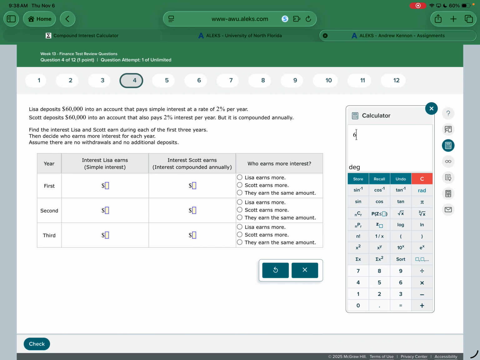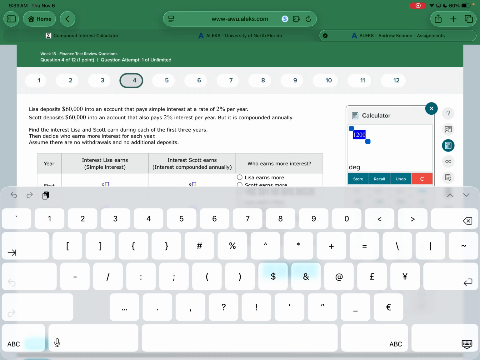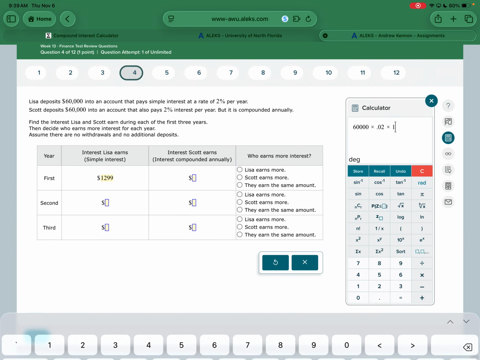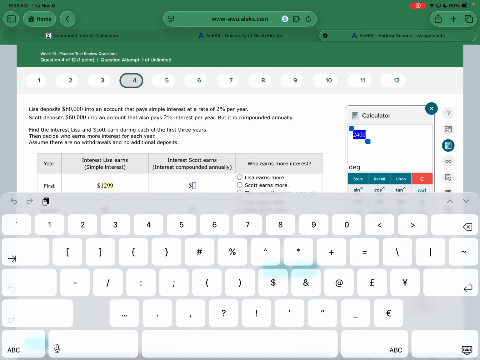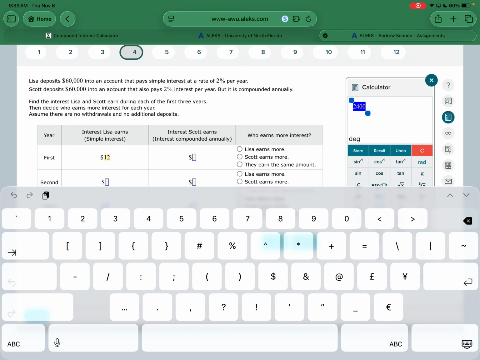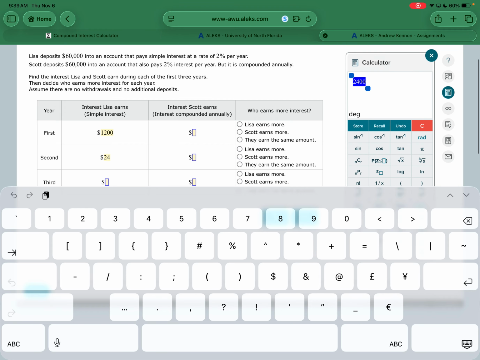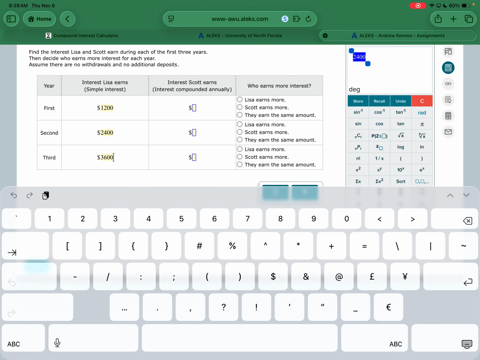Simple interest is principal, $60,000, times rate, 0.02, times time. So after the first year, it is $1,200. Sorry, I did $1,299 at first; it's $1,200. This would be $2,400. It's very linear. It just adds $1,200 every year because you are getting 2% on $60,000 every year.